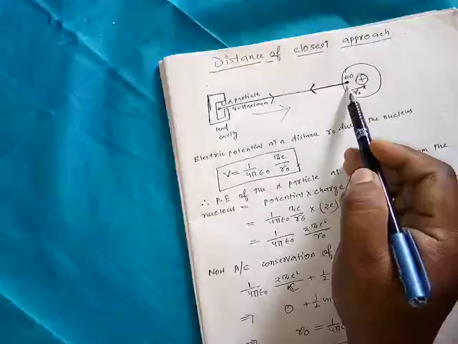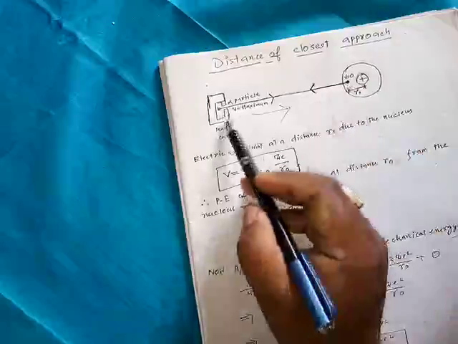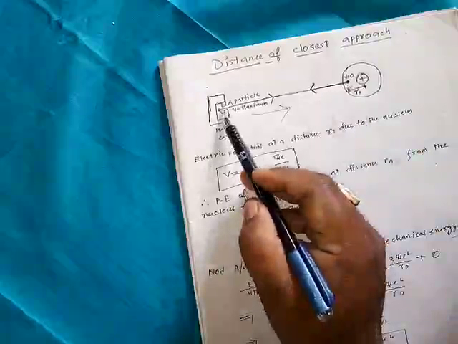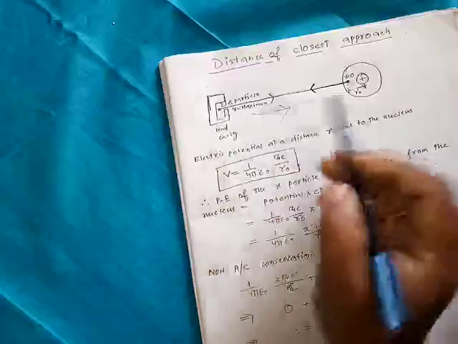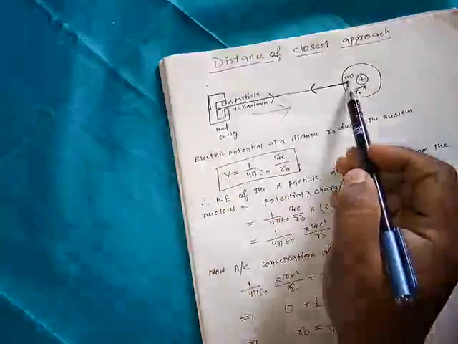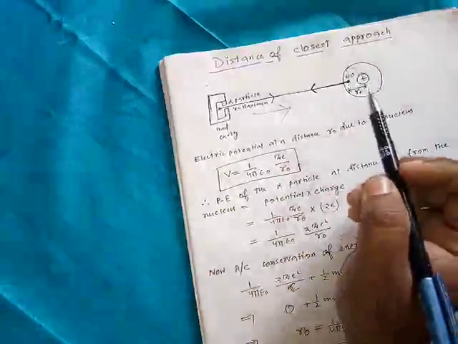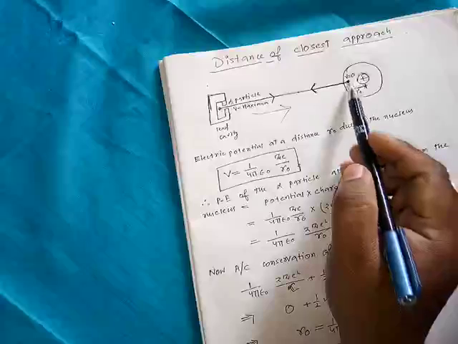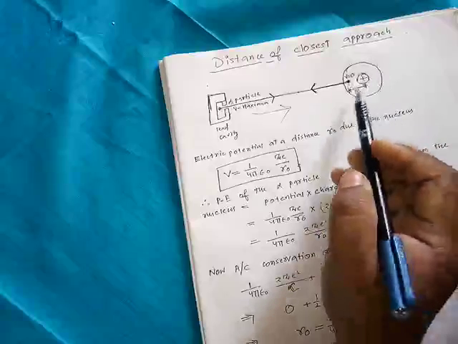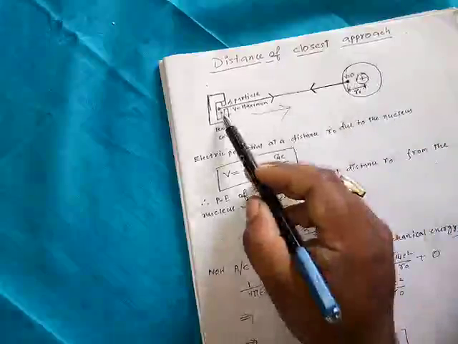Am I right? It can be transformed from one form to another form. So the kinetic energy the alpha particle is having here becomes minimum at this point. So what will happen to that energy? Sorry, it is converted into the potential energy of the alpha particle at this point, right?